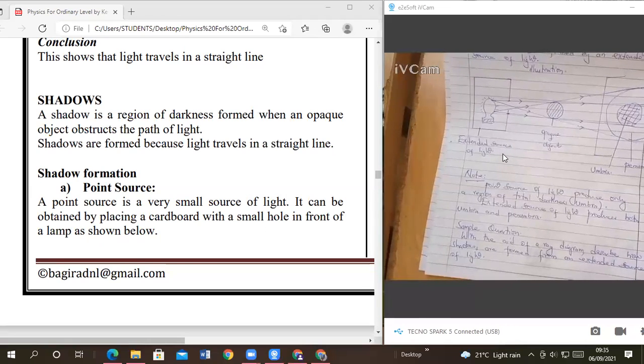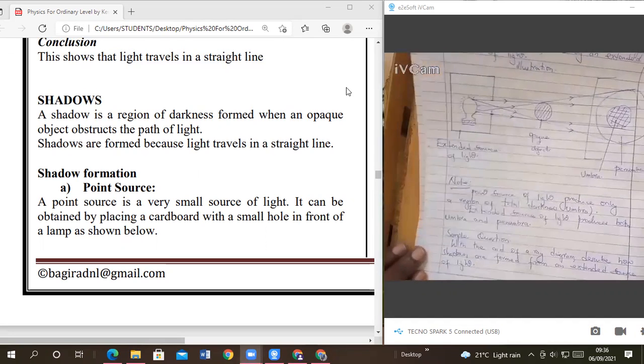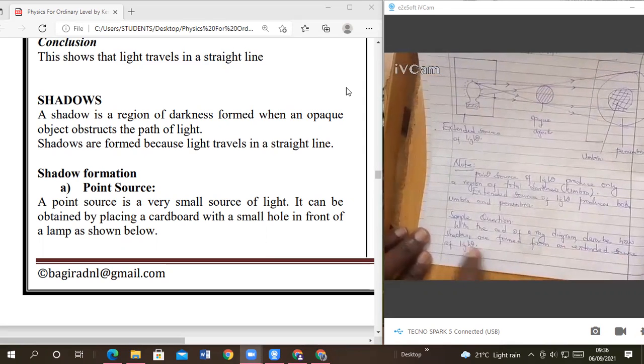Members, are we together? Okay, the question is, with the aid of a ray diagram, describe how shadows are formed from an extended source of light.